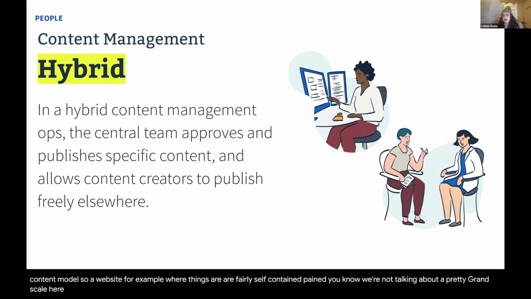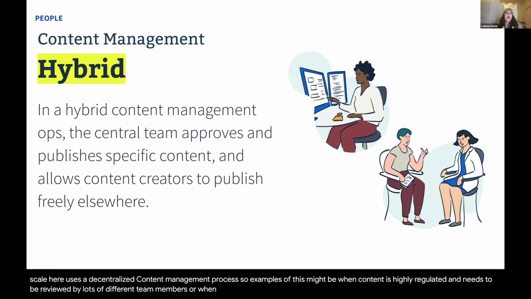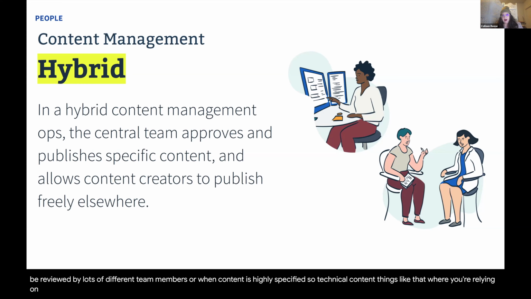That still uses a decentralized content management process. So examples of this might be when content is highly regulated and needs to be reviewed by lots of different team members, or when content is highly specified. So technical content, things like that, where you're relying on subject matter experts to author the content for you.